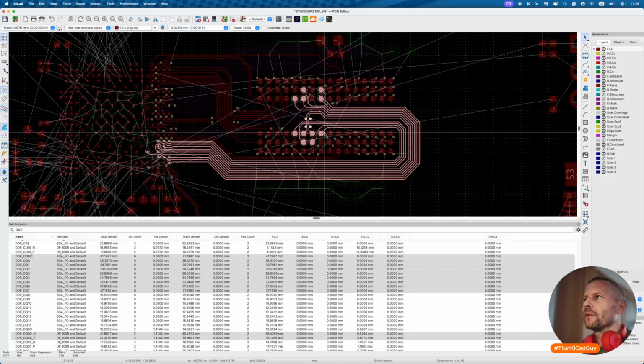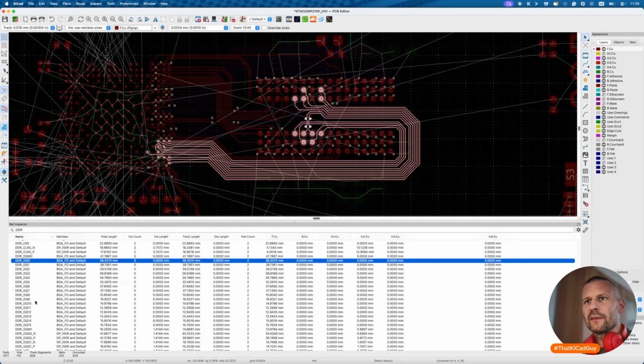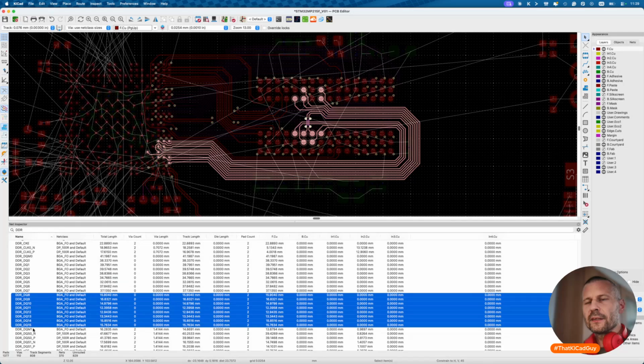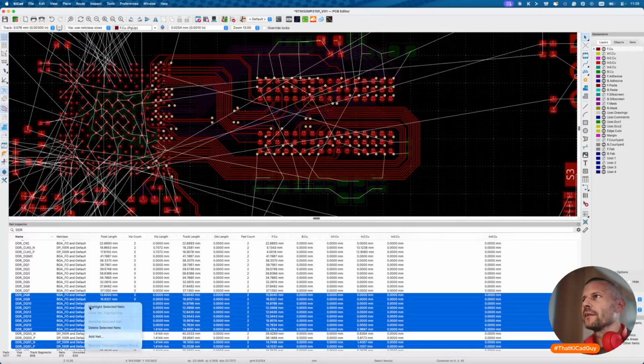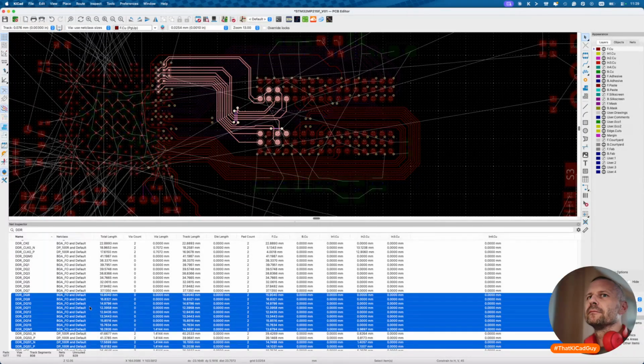The 1 extra millimeter or 2 millimeters of the majority of signals can be solved easily. 10 millimeters of the DQ5, it will take some time and space, but it will work. So this variance is quite good. What's the other group? This, and these two. Clear highlighting and highlight these nets.